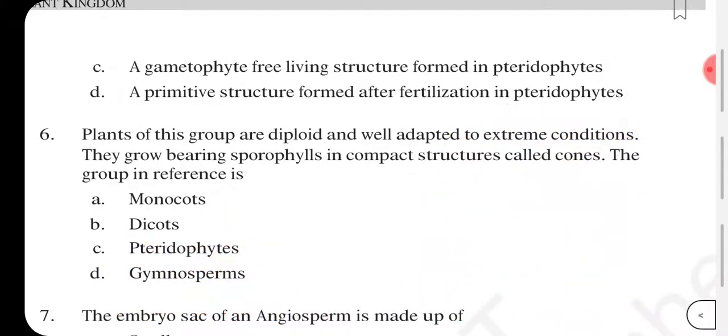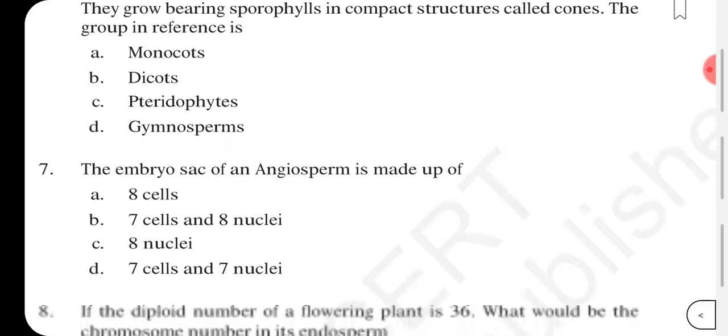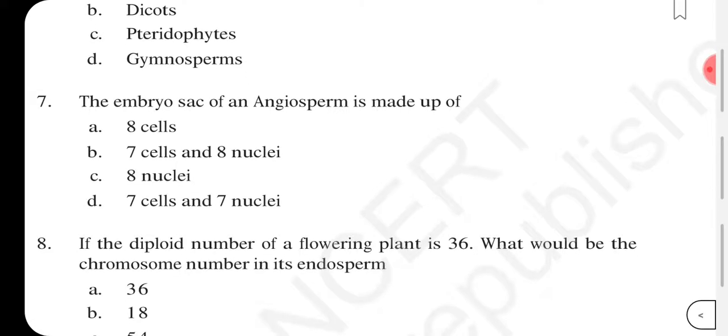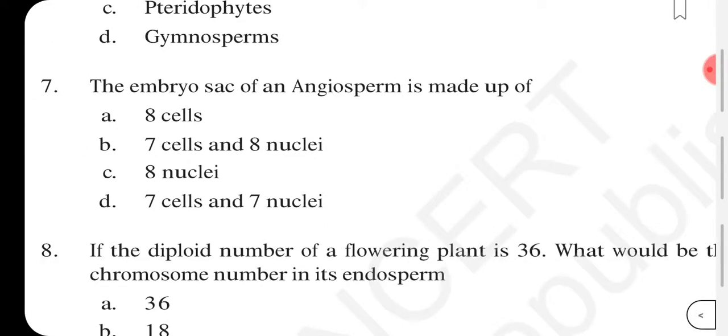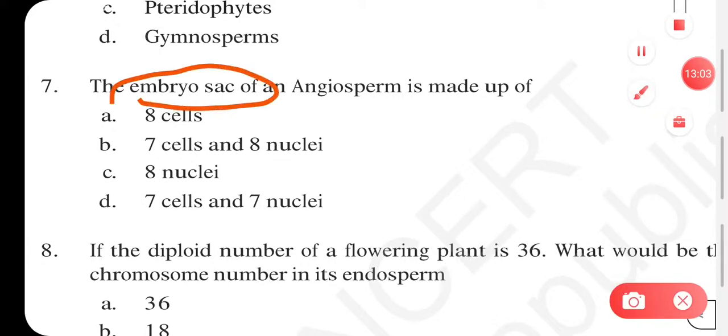Okay, now moving on to the next question, question number 7. The embryo sac of an angiosperm is made up of, yes, so what all things are included in this embryo sac? You will find one egg cell present in it, right?